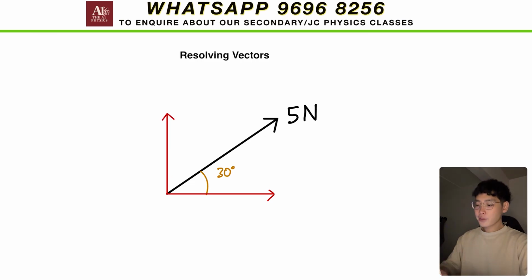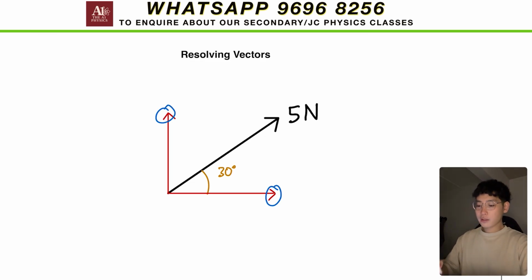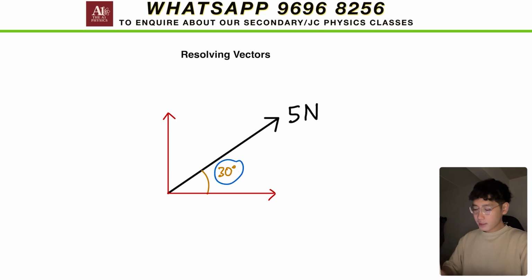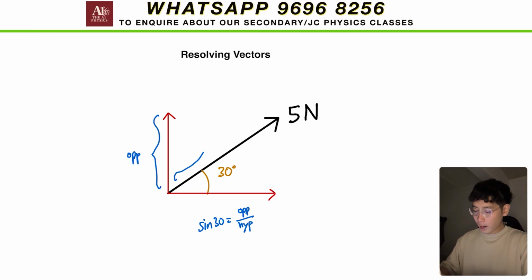Now how do we find the values of the horizontal and vertical components? We have to use a bit of trigo. We know that sine 30 gives us the opposite over the hypotenuse. So it'll be this side over this side.